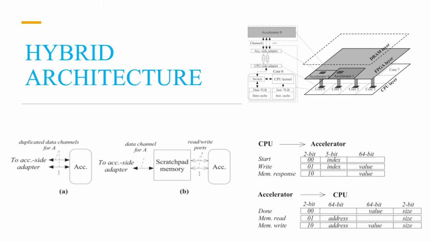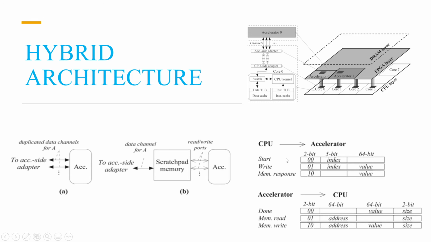The CPU and accelerator are connected through a pair of FIFOs. These FIFOs are used as buffers to alleviate the mismatch because the CPU core operates at a higher frequency and the accelerator at a lower one. 6 types of packets are used for CPU accelerator communication.